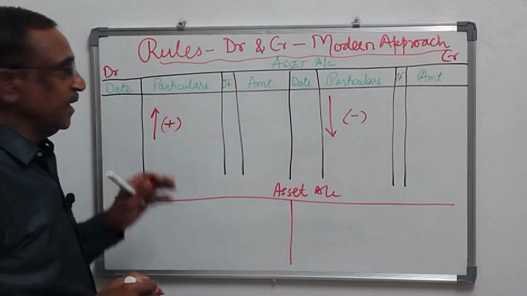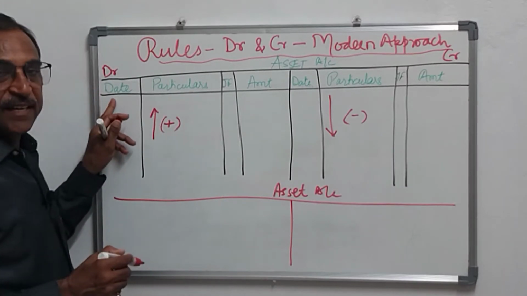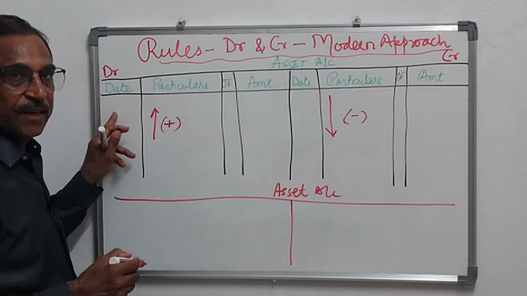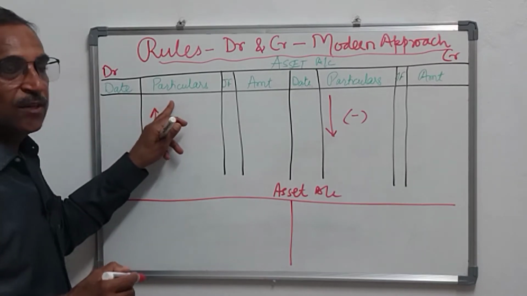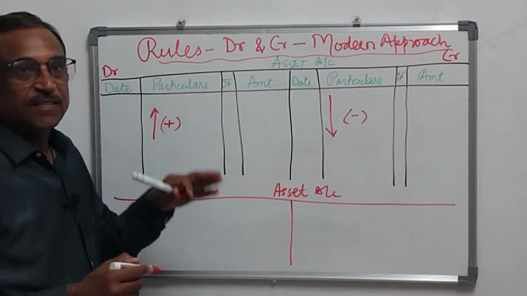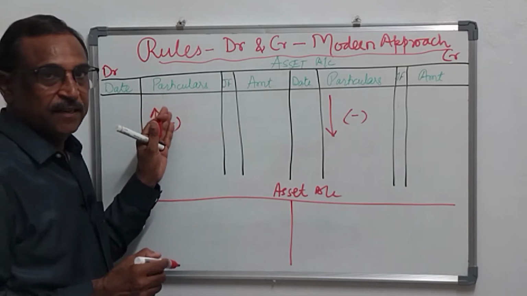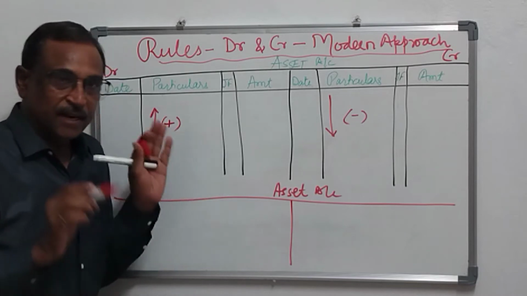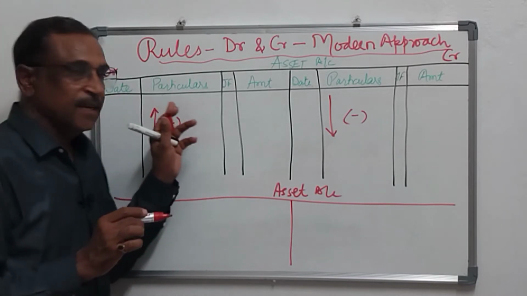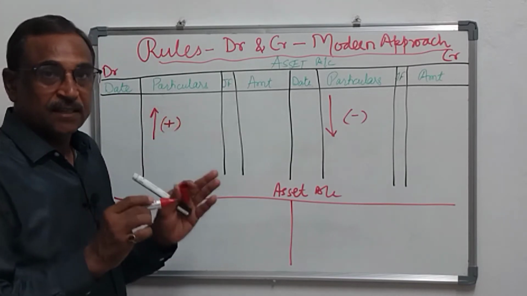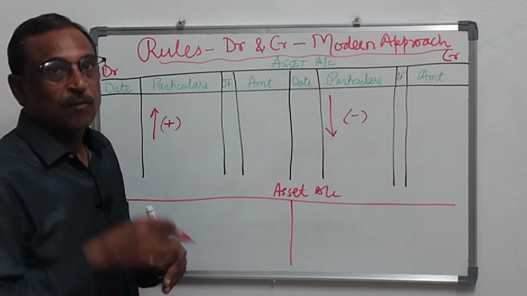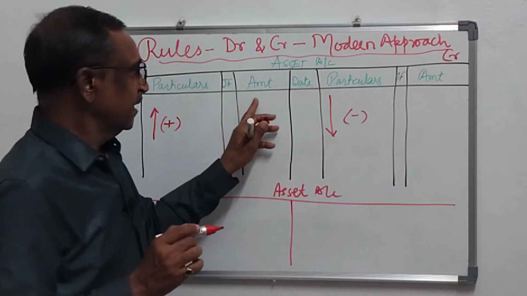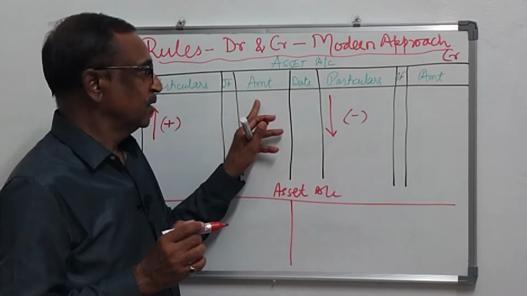Now let me tell you once again. When the transaction takes place, the date of the transaction will be mentioned over here, and in particulars we write the other account which is involved in the transaction. Clear? That we will discuss later on in detail. Right now you have to remember, in particulars we write the other account involved on the other side of the double entry system. Then here we have to write the amount.